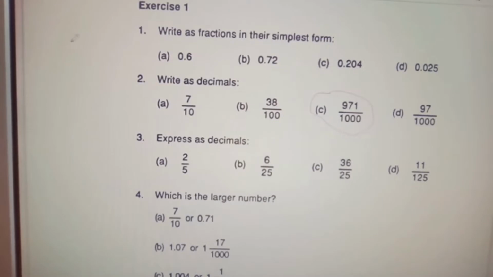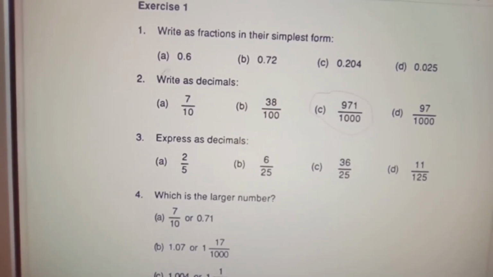So now I'm not going to write out "convert to decimals" because this is here already, and this is what we're going to be doing with it: converting to a decimal.